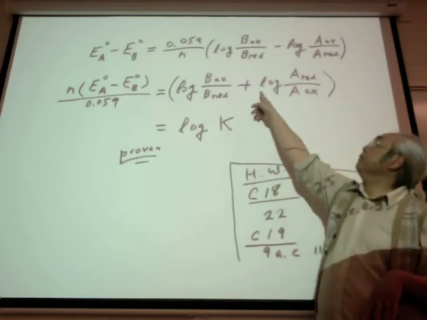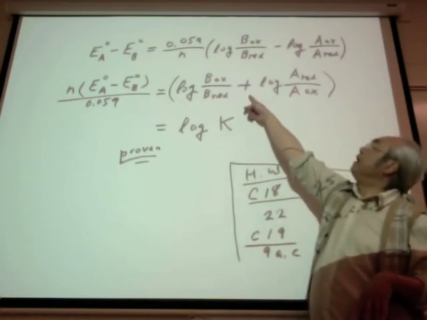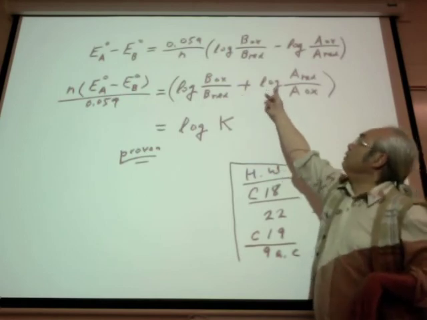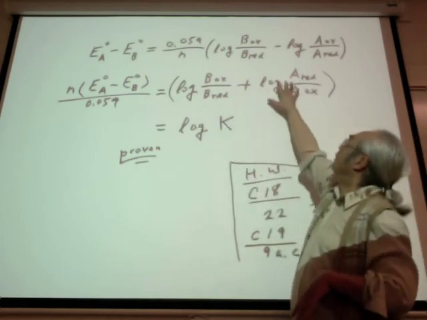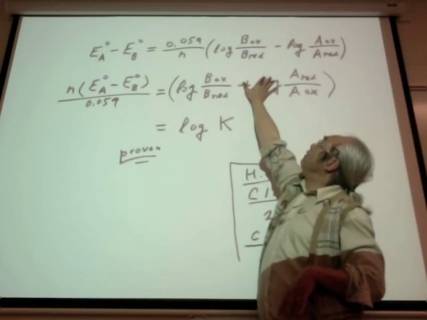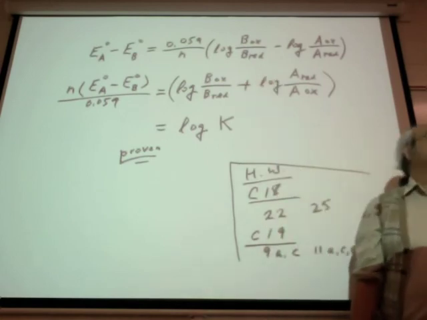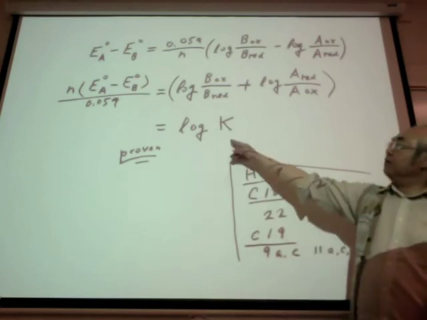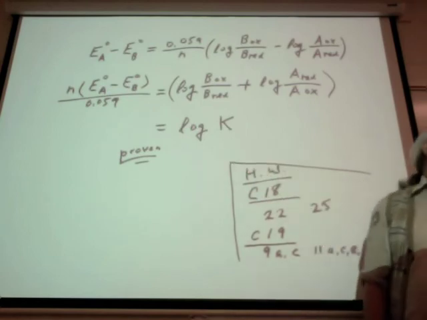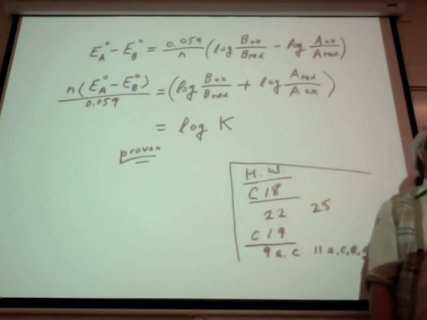You see it, right? Because this is a plus, you get rid of this plus, this is log, and therefore, combining the two, it is going to be multiplied. And that is the K. Okay, so the formula is proven to be true.